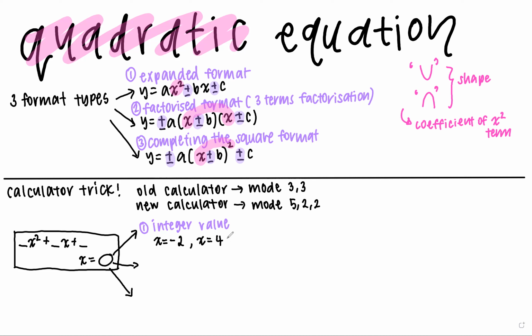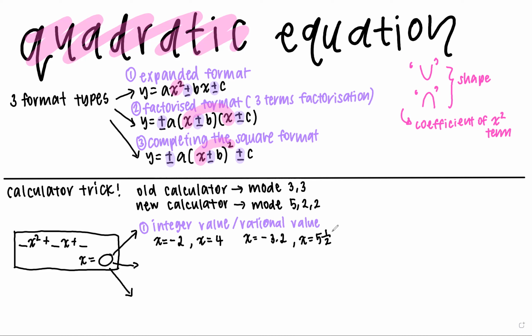Okay, either integer or fraction or decimal. Basically it's a rational number. So the integer value or a rational value. And what's a rational value? A rational value is, for example, x is equal to -3.2, or x is equal to 5.5. So these are rational numbers.